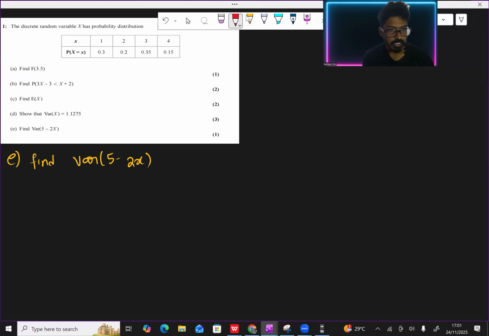So using the property, that is variance of ax plus b, what is variance of ax plus b? It will be a square variance of x. So from this, if we compare the value, a will be what? 5? So a is equal to 5?